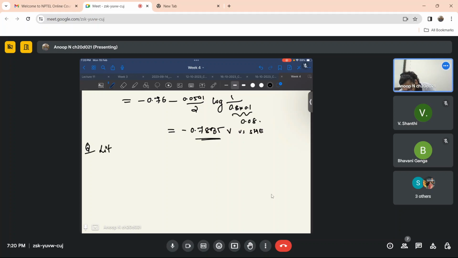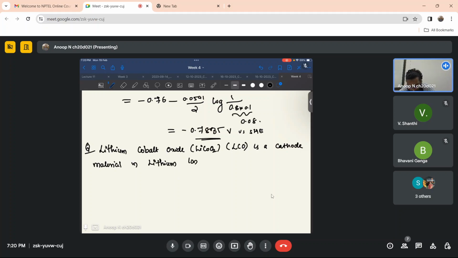Lithium cobalt oxide, which is LiCoO2, or we will call it simply LCO, is a cathode material in lithium ion batteries.